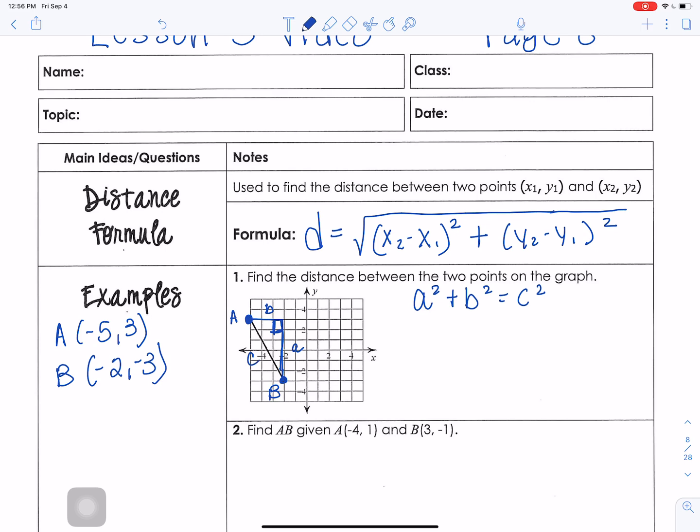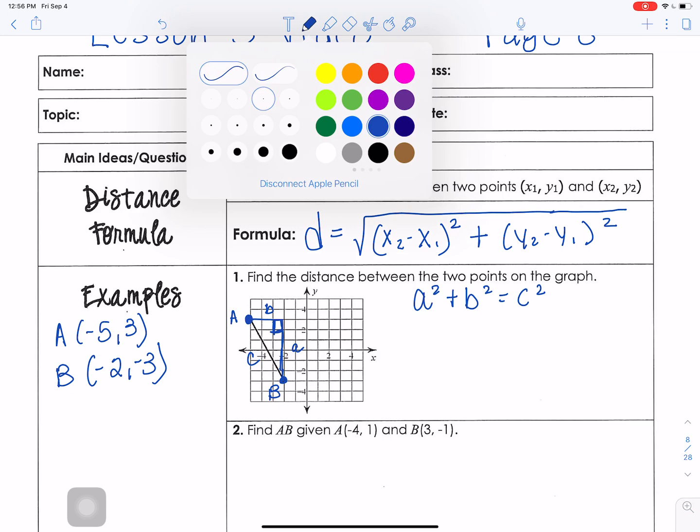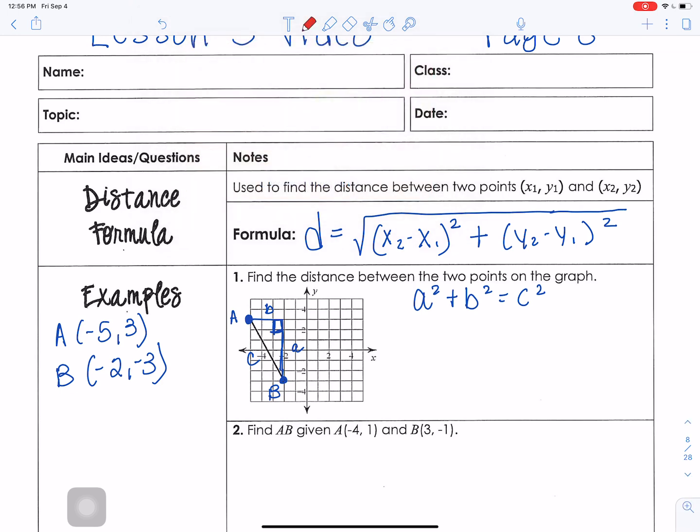So my A side, if I count, it's 1, 2, 3, 4, 5, 6. So that means A would be 6. And then my B side, if I count 1, 2, 3, my B side is 3. So A squared would be 6 squared, my B would be 3 squared, equals C squared. 6 squared, of course, is 36, and 3 squared is 9.